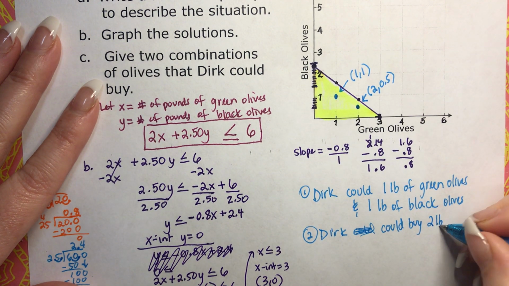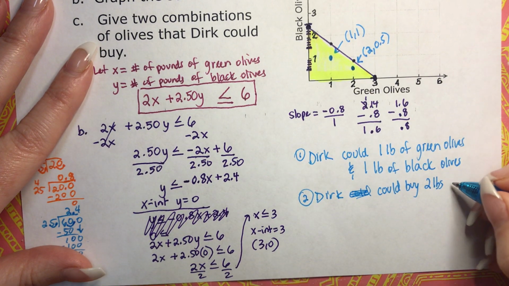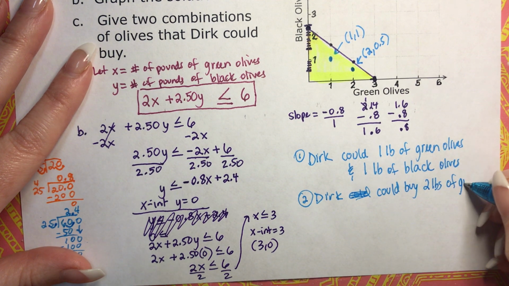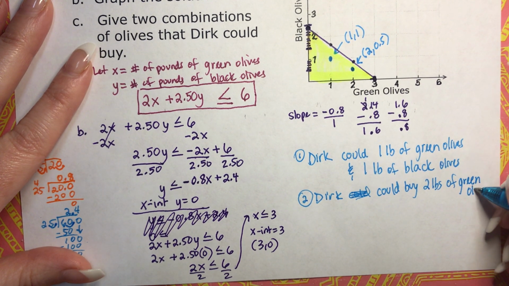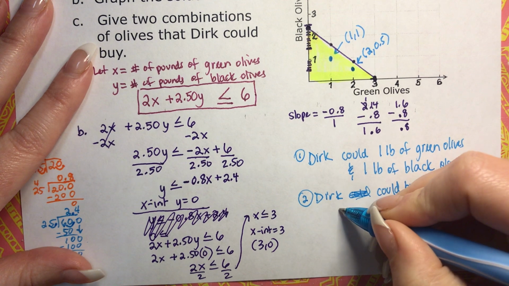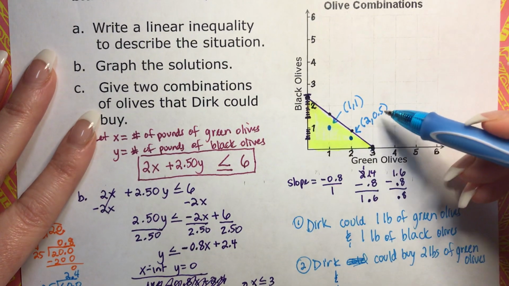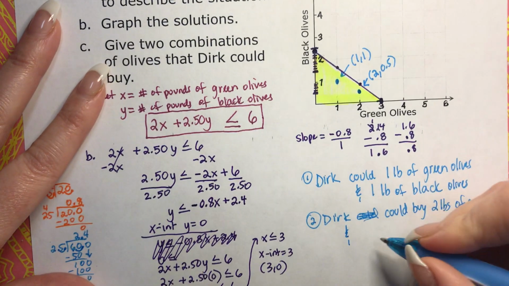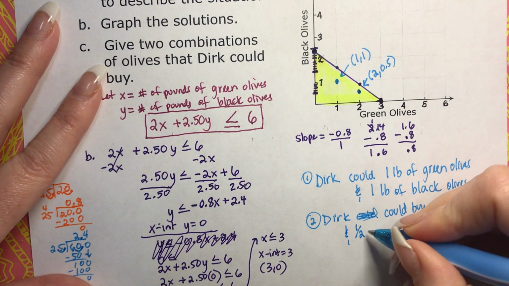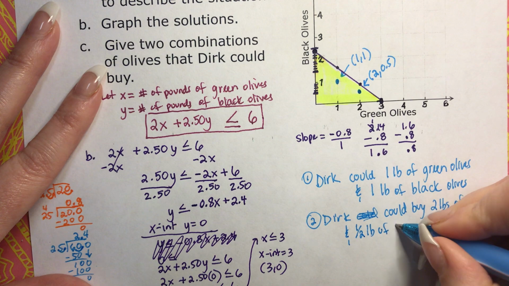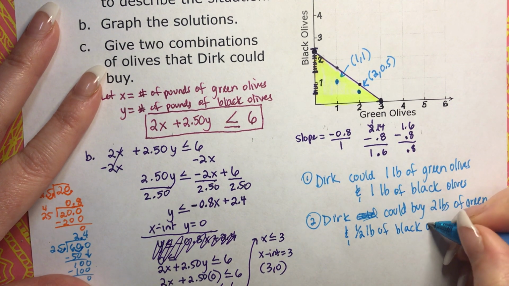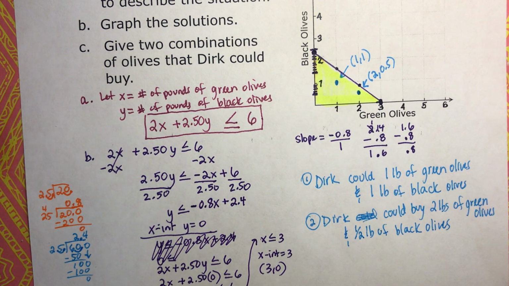So 2 pounds of green olives, and 0.5 for y, which is black olives, a half a pound of black olives. That would be another one.